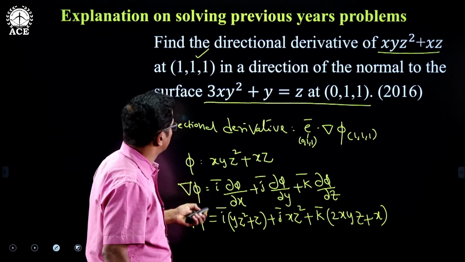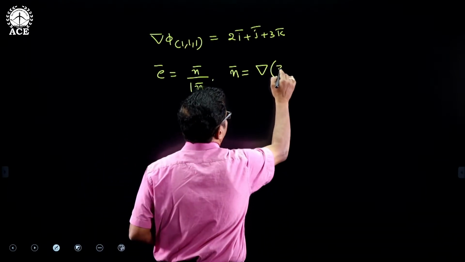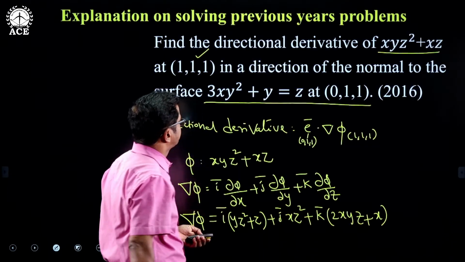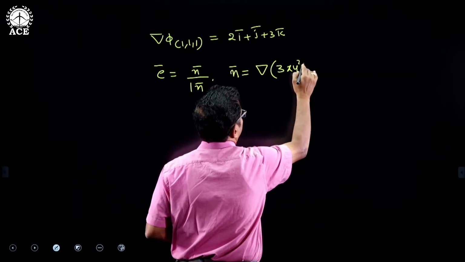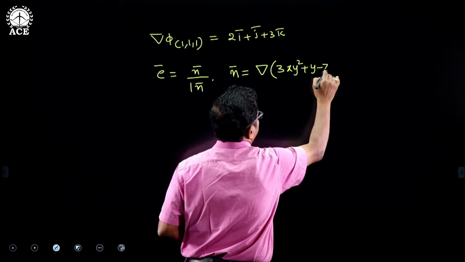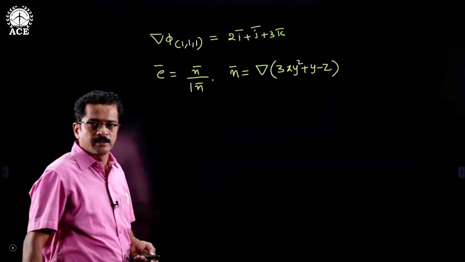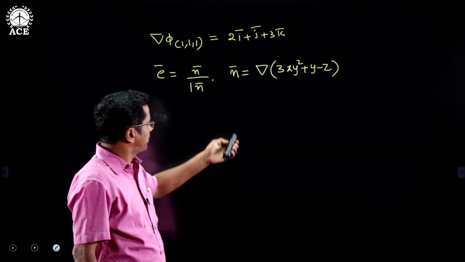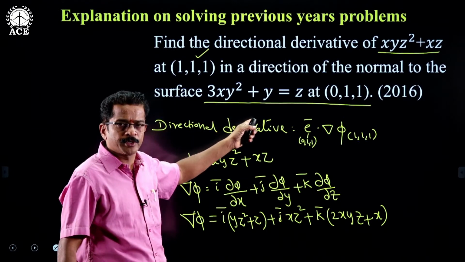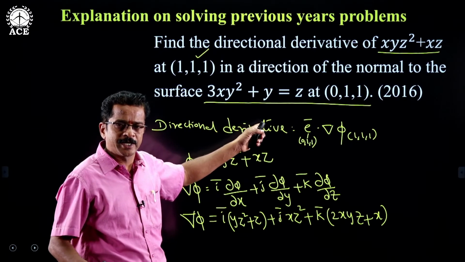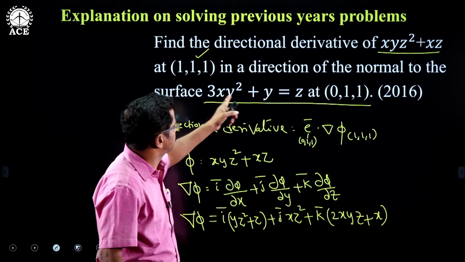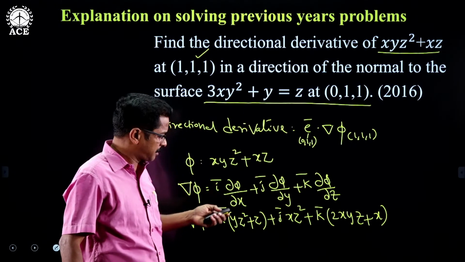That means the gradient of this function. N bar is nothing but the normal vector. The normal vector is evaluated by applying the gradient to the surface function. So this is a surface function, and I am applying the gradient.